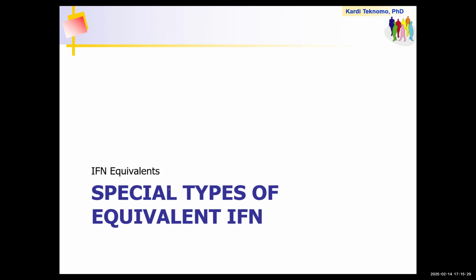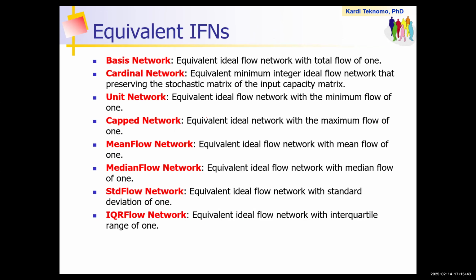Given the definition of equivalent IFN, now we can define several names. The names are actually to make our work easier. Number one, we call it basis network. What is a basis network? If the total flow is one. And we call it cardinal network.